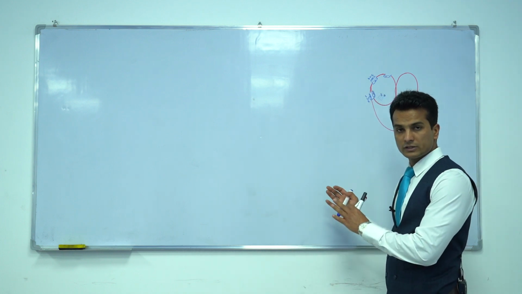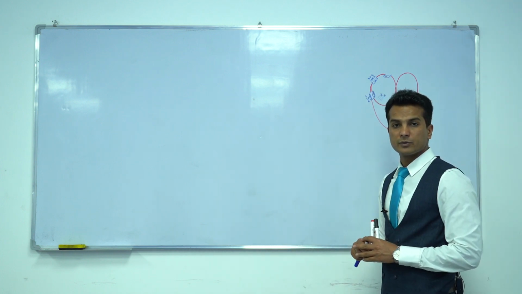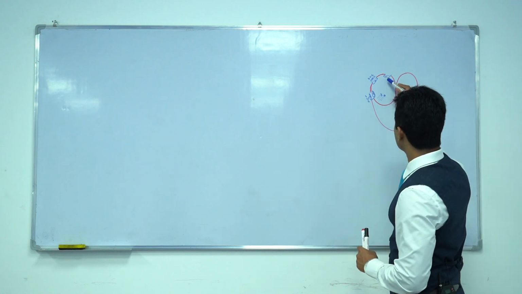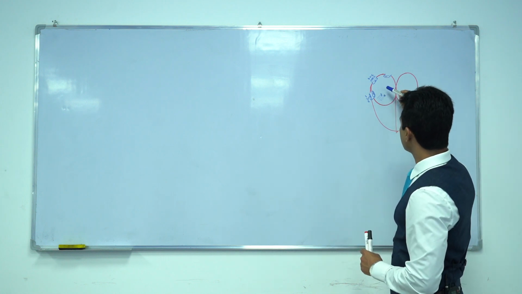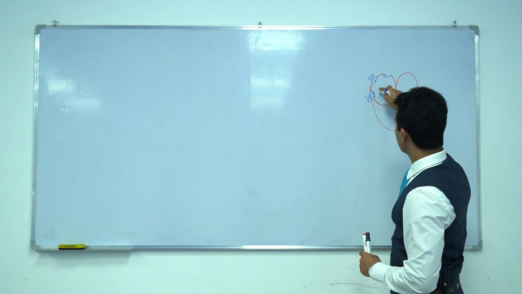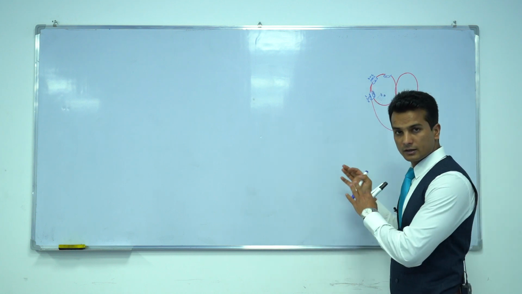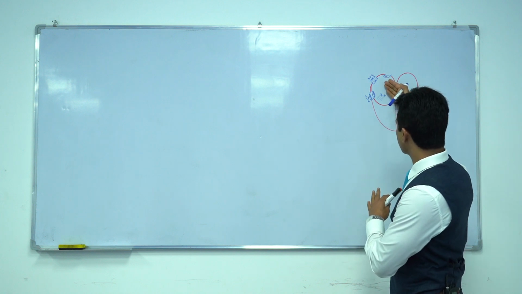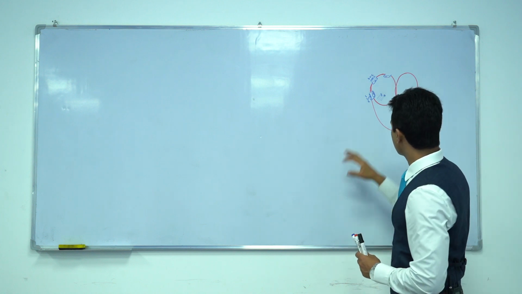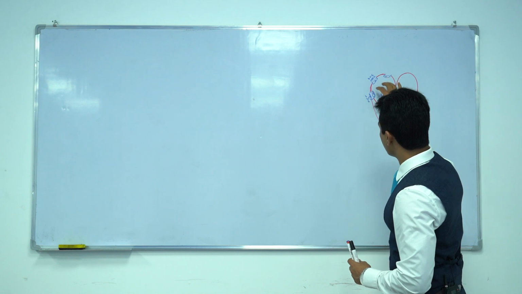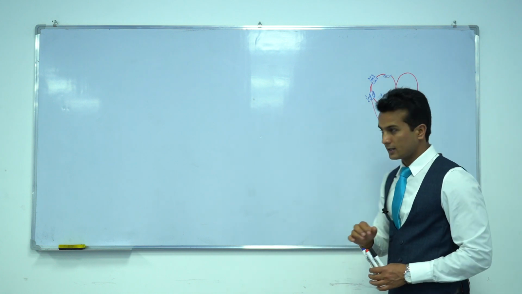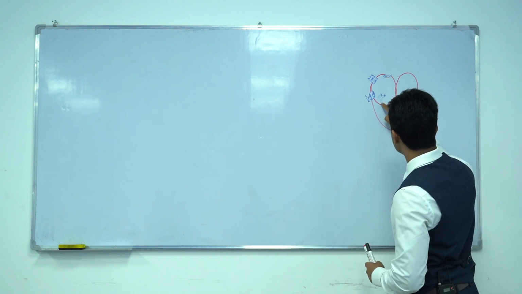So coronary sinus is the largest cardiac vein, remember, okay? And the two anterior cardiac veins drain deoxygenated blood from the anterior surface of the right atrium and right ventricle.